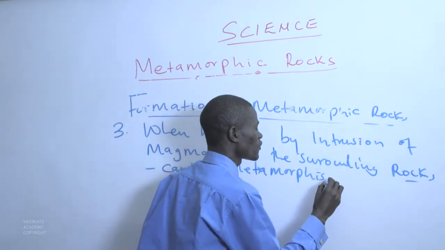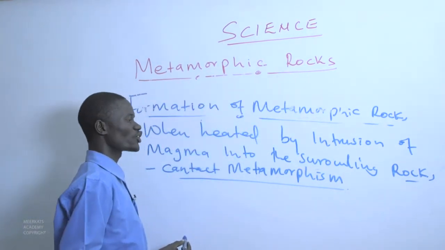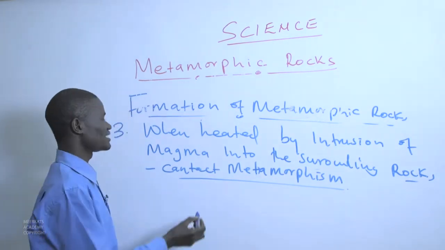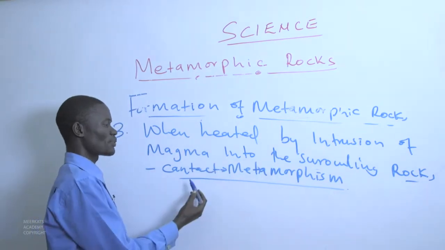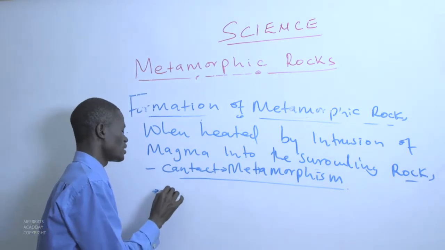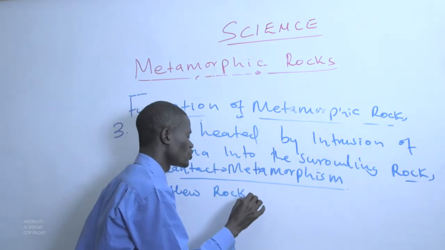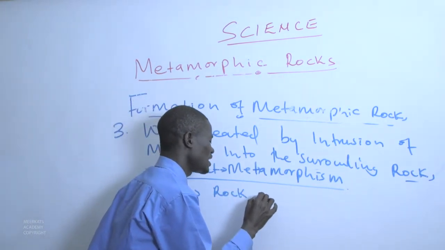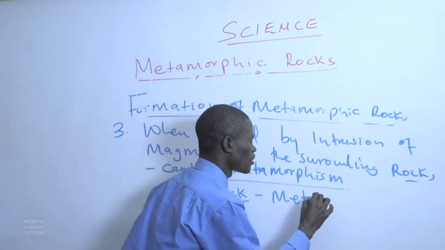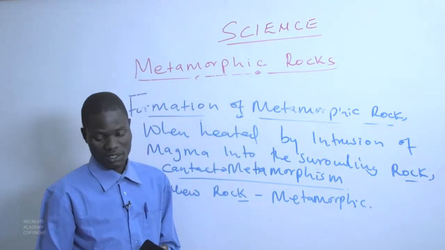Because these surrounding rocks are closely packed together and they contact each other, in the process of contact metamorphism they are going to lead to the formation of a new rock structure, and that rock will be referred to as a metamorphic rock.